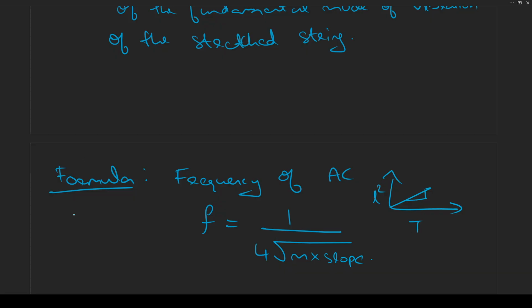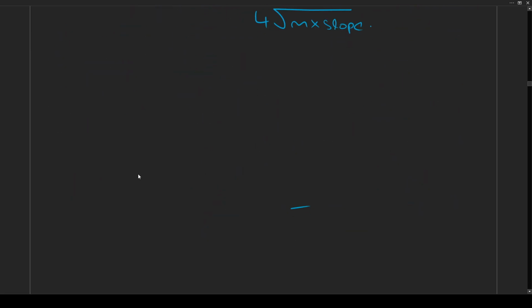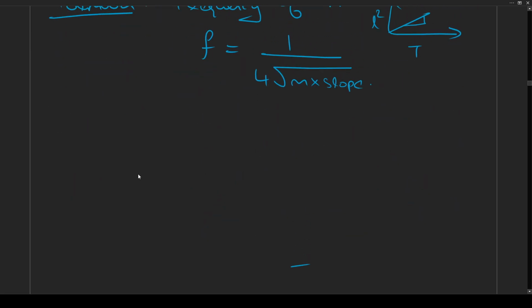The slope we calculate, and here m is not slope, m is the mass per unit length of the string, which is given for us already.